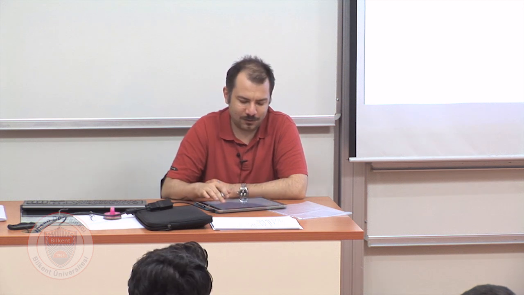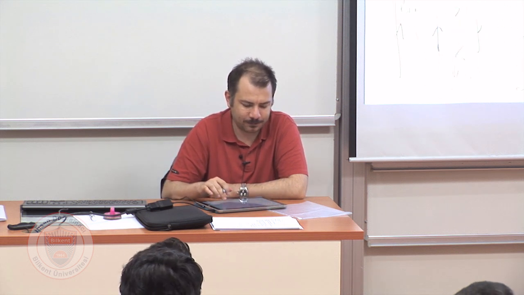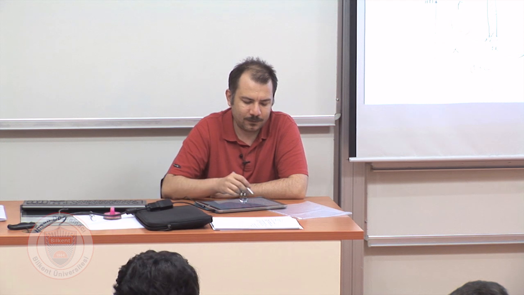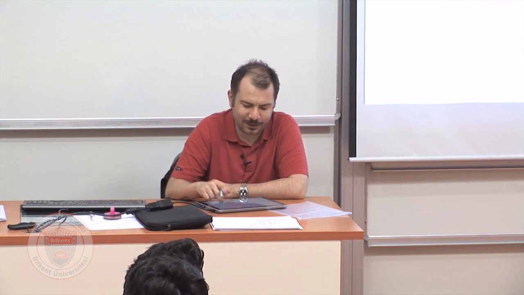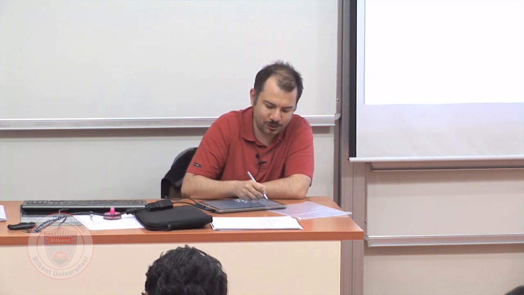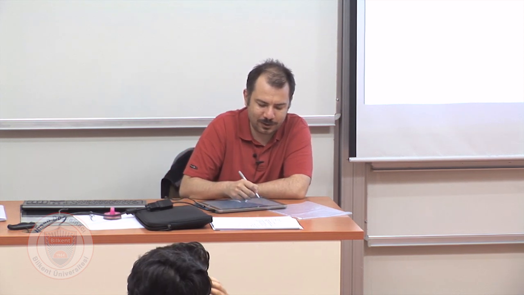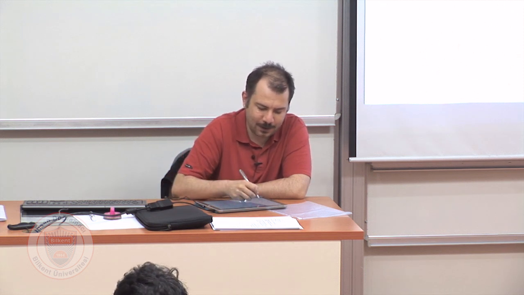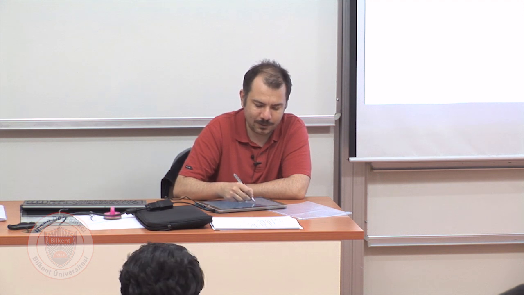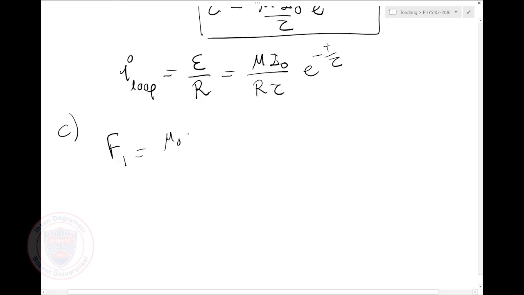How about part C, the last part? Find the total force the wire applies to the loop. I have already said there are two contributions. Let me quickly do it. I call the first one on the left F1. F1 will be what? Mu 0 I wire times I loop divided by 2 pi.